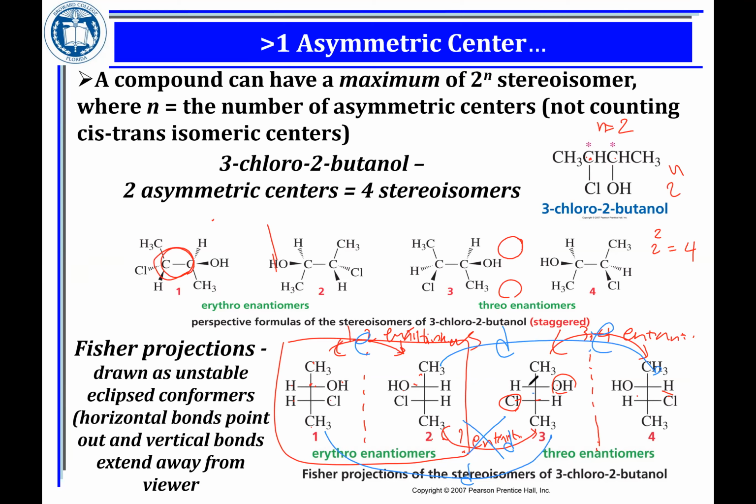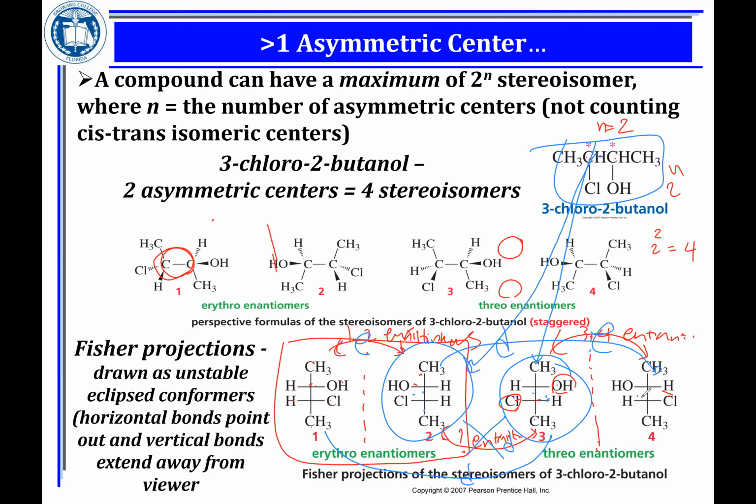So basically, structures 2 and 3, which I'm going to circle, still come from the same molecular formula, the condensed formula that we have up here for 3-chloro-2-butanol. So we could have enantiomers or we could have diastereomers.